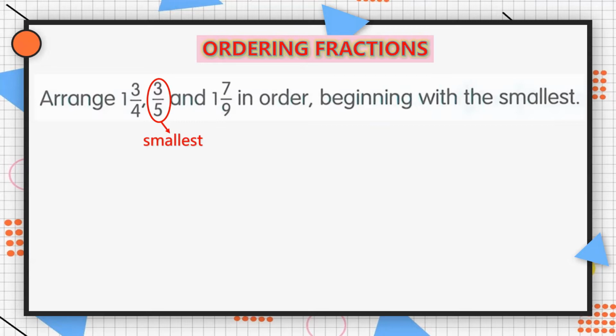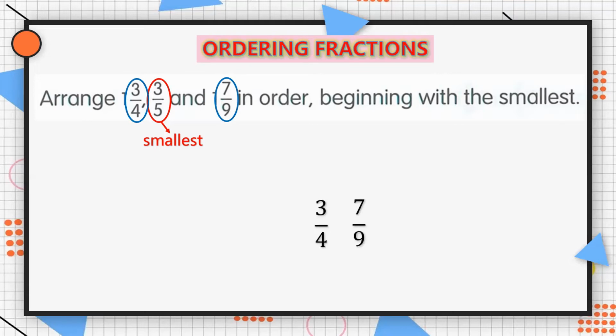Now, let us compare the whole numbers first. Whole numbers are the same. Therefore, we have to compare the fractions. 3 over 4 and 7 over 9.